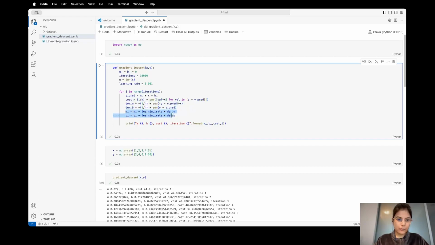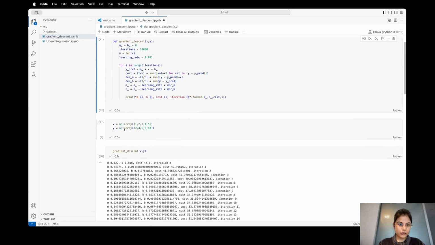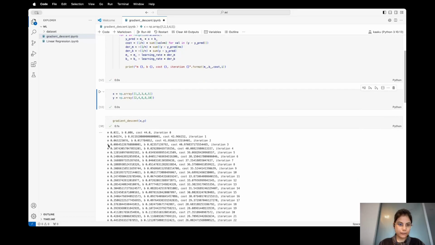Then here I am updating the values of m and b. Then I print the values of m and b along with the cost value and the iteration. So let's run this function. These are just random numbers I have taken for x and y.